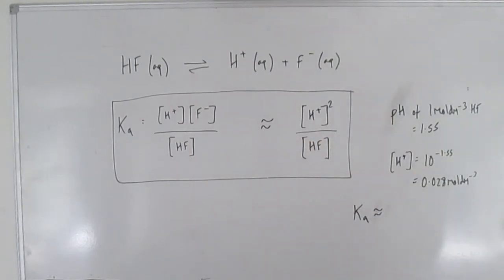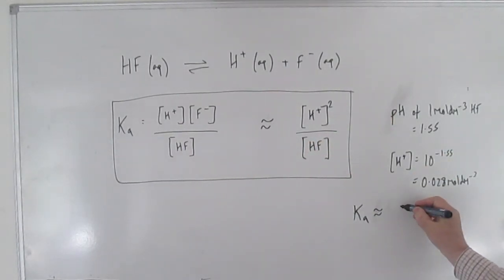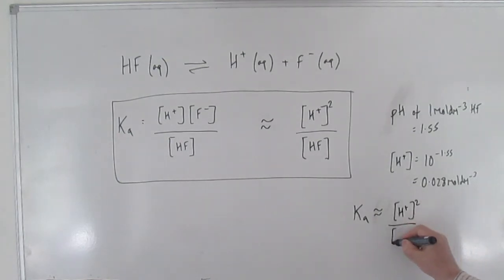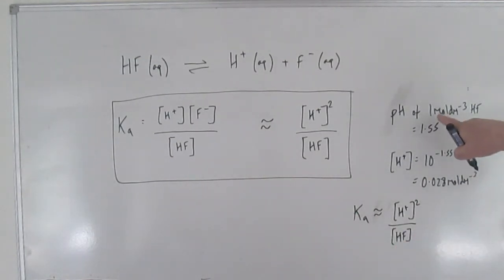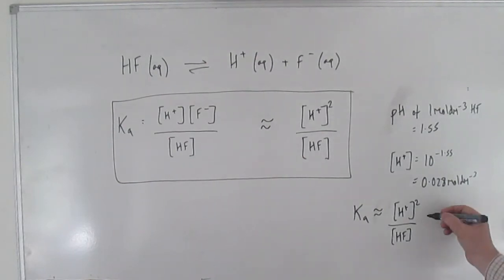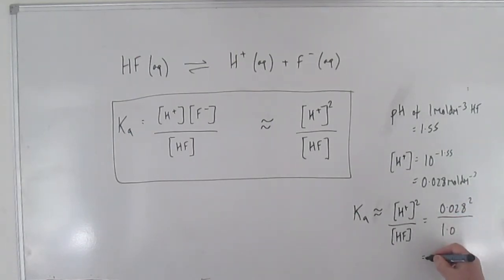But this is the approximate form that we're going to use, approximately H plus squared over this, which we're going to treat as being 1 mole per dm cubed, even though we know a little bit of it's ionized, because we've reckoned that it's going to be a small enough error that it won't hugely matter, which is 0.028 squared over 1.0, which comes to 7.94 times 10 to the minus 4.